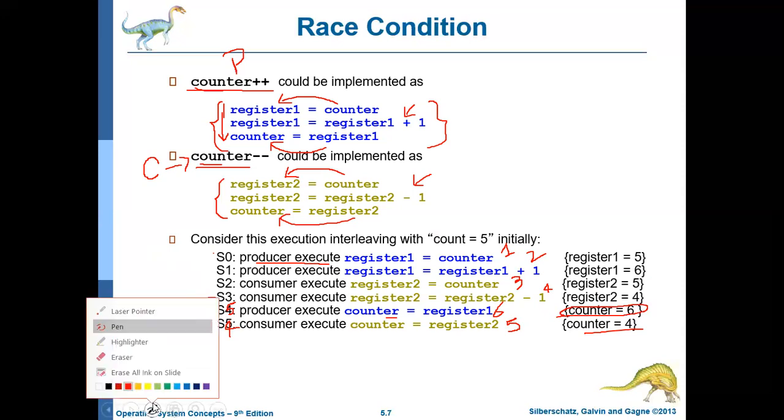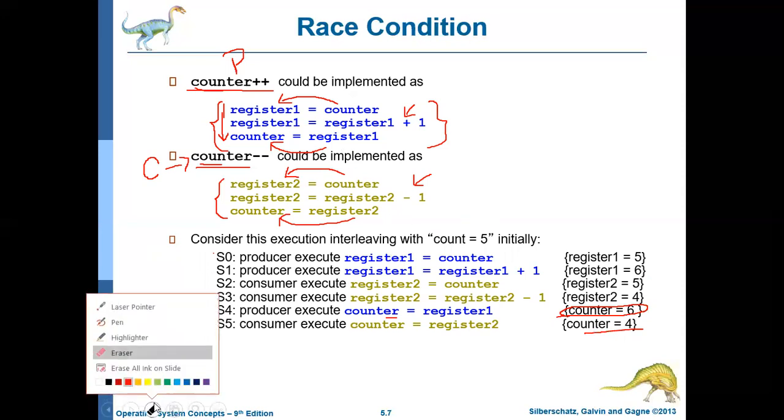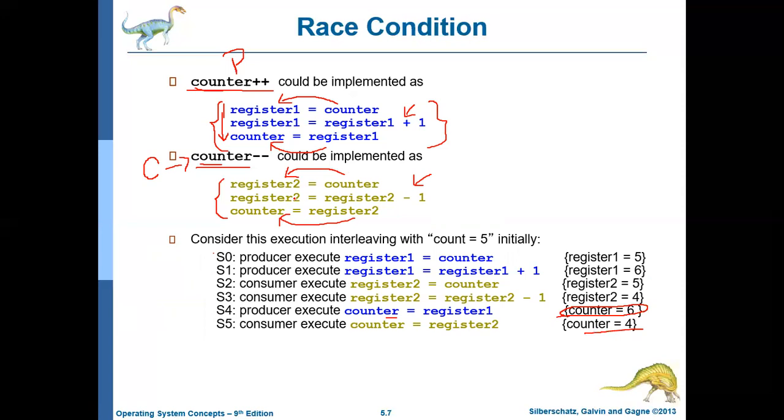So basically, if you allow concurrent execution, this particular statement can produce 3 results. Counter can be equal to 5, or it can produce a result 4. This is what we have discussed for 4.